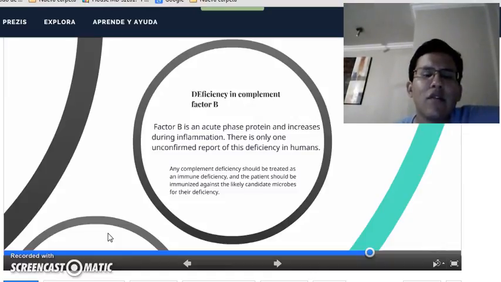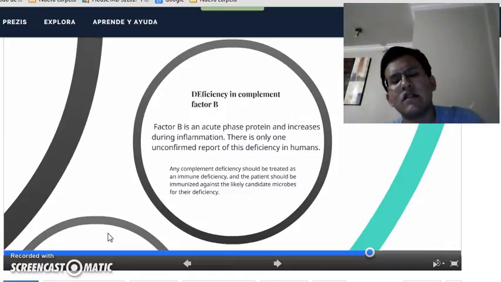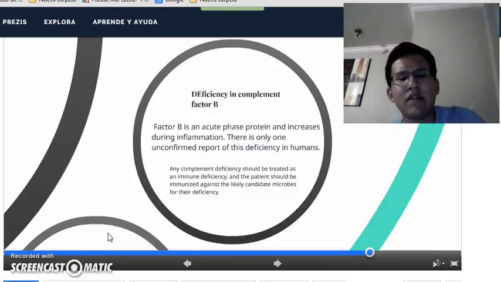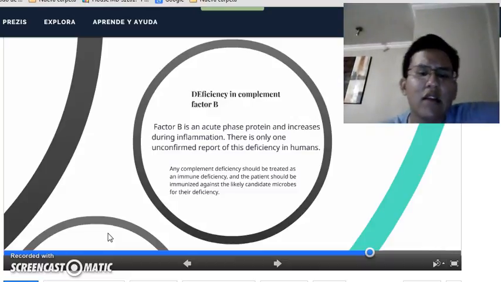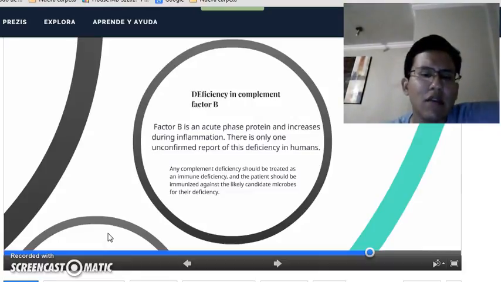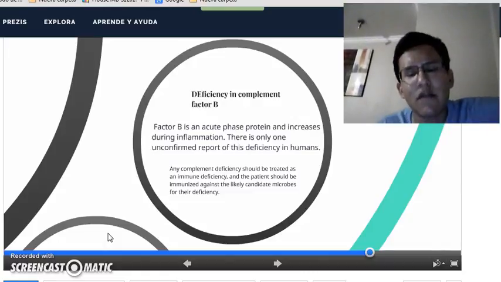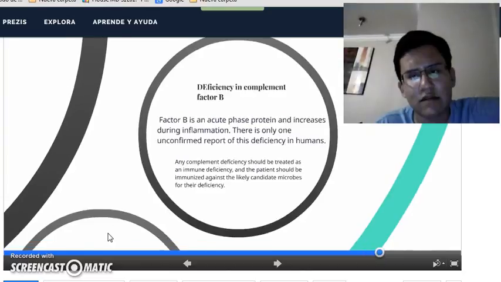There is only one unconfirmed report of its deficiency in humans. Any complement deficiency should be treated as an immune deficiency, and the patient should be immunized against the likely candidate microbes.